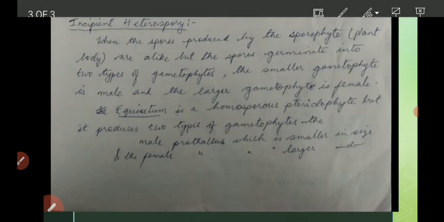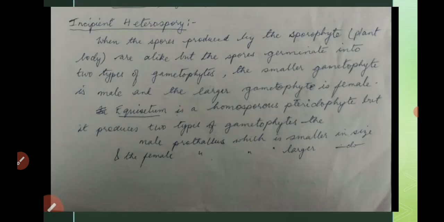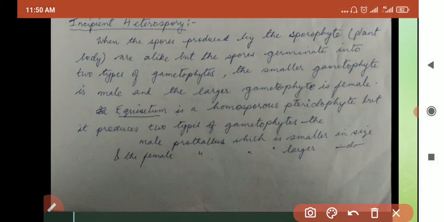Okay, the next one is incipient heterospory. Now this is when the spores produced by the sporophyte are alike, means they look the same. Remember when I drew just now in the previous slide, I drew different shapes, no? But here they look alike.